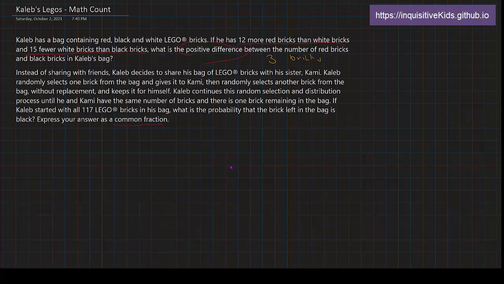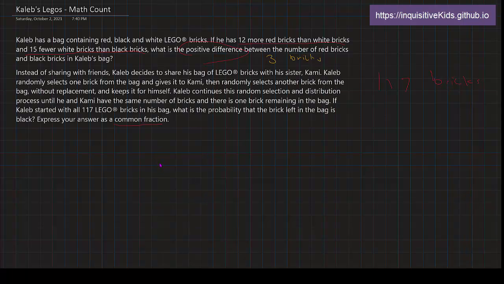Okay, so we know that there are 117 bricks in total, and he's splitting them up until only the last brick remains. How do we know if it's a black brick?